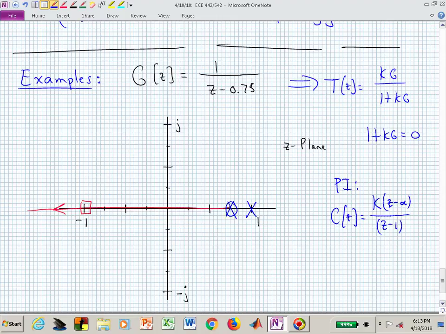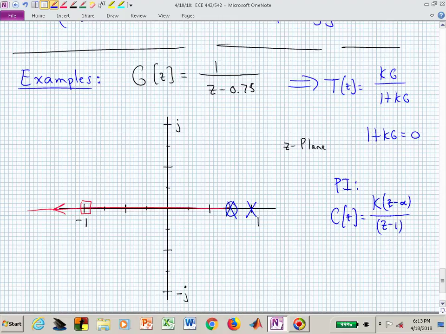And then what happens to my root locus sketch? How many pieces of the real line, how many segments of the real line exist? I have 3, don't I? But one of those 3 is kind of not really even there because I've canceled my pole at 3/4. Is that allowed?